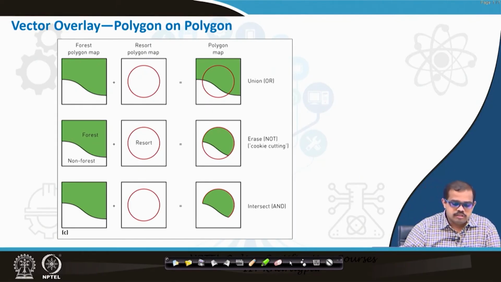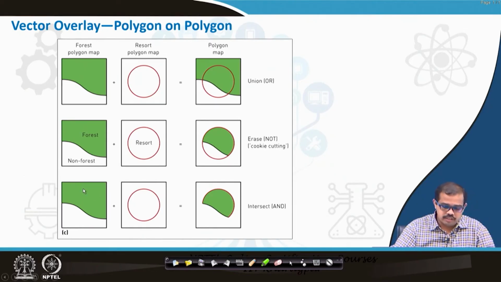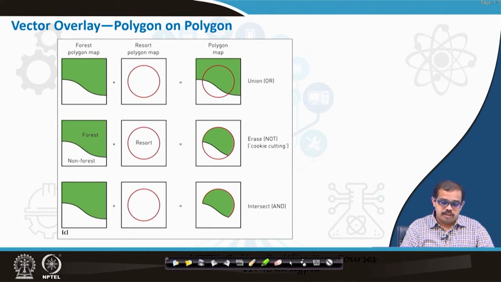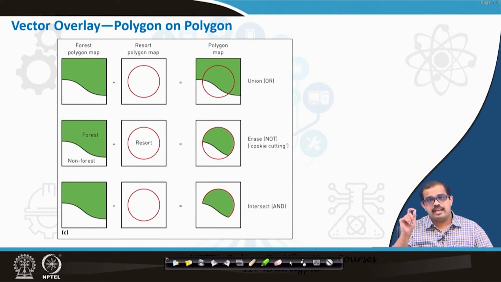Okay. So in the third map, if you see, there is again a forest and non-forest. Now I am doing an intersection, which means the AND operator. So it is intersecting both of these maps. When I intersect, it gives me the exact area where the forest is. Okay. I have just a forest map, I do not have a non-forest map. Now once I intersect, the non-forest area is completely removed and I get only the forested area.